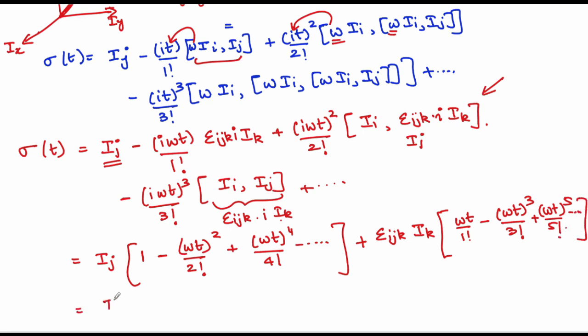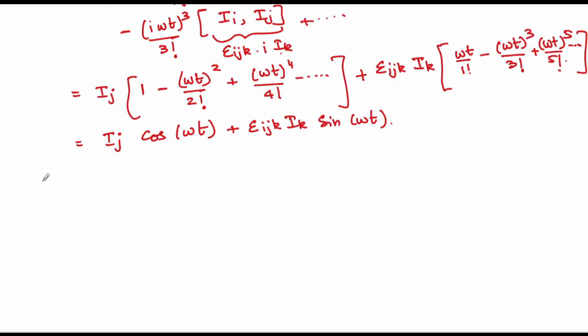So this gets reduced to Ij times cos of omega t plus epsilon ijk times Ik sine of omega t.